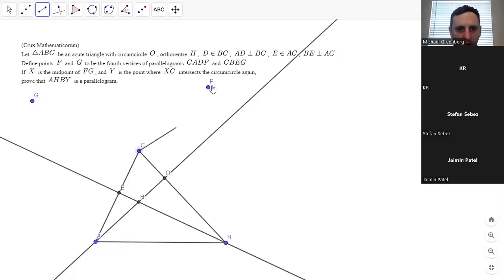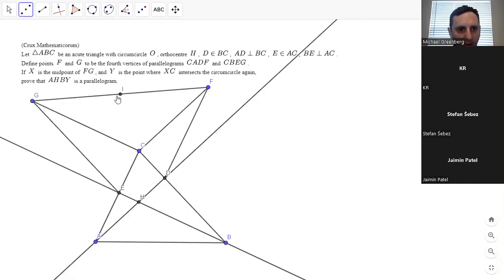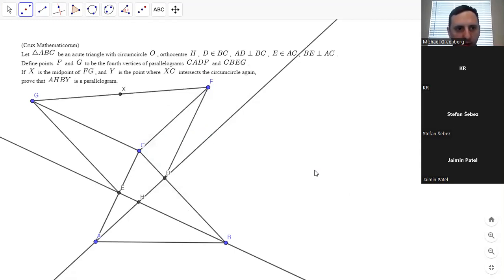So CABF is a parallelogram and CBEG is a parallelogram. X is the midpoint of FG. Y is the point where FC intersects the circle again.